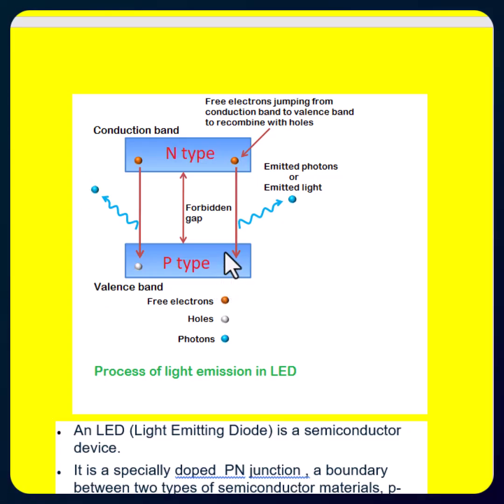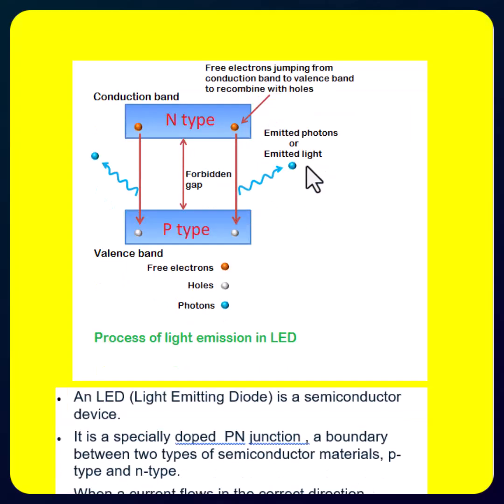In that case, electrons will move towards the p-type material and holes will move from p-type material to the n-type material, so that they recombine at the junction. They release the energy like this, light energy, means in the form of light.